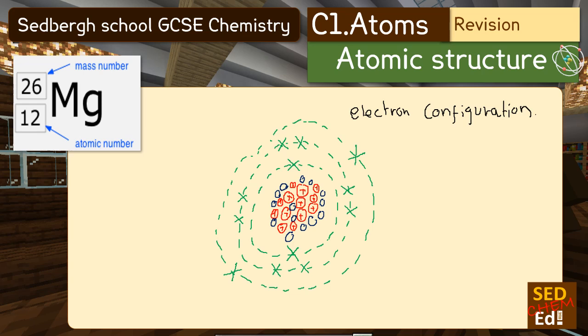And that is a list of the total number of electrons in each shell, with each different shell shown by a comma. So we've got 2 electrons in the first one, followed by a comma, 8 electrons in the second shell, followed by a comma, and finally 2 more electrons in the outermost filled shell. So the electron configuration of that diagram is 2, 8, 2.